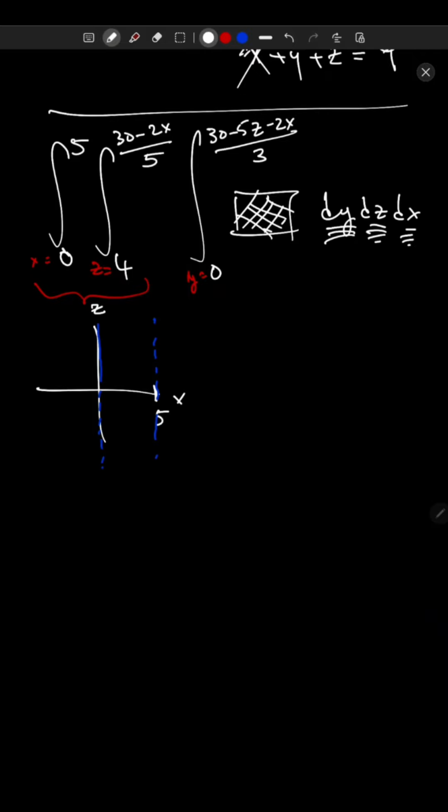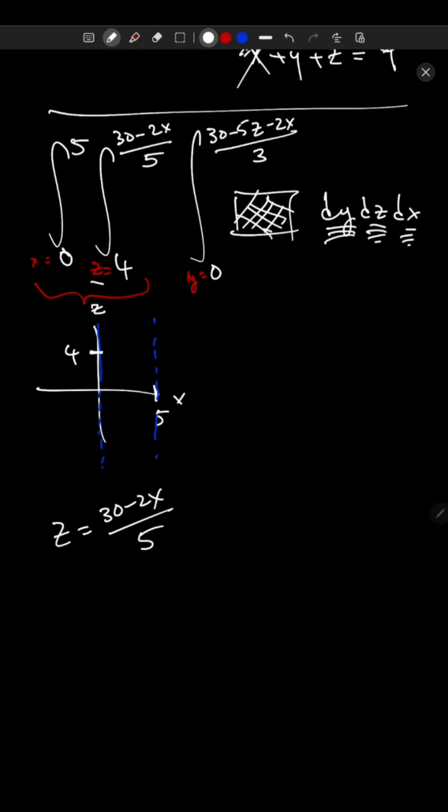Our shadow is going to live between those two lines. Our inner integral for this shadow region is z dz, so we're going to represent that with vertical lines. We can see that our vertical lines start at 4 and end at 30 minus 2x over 5.